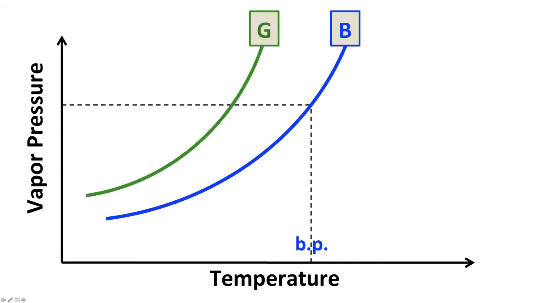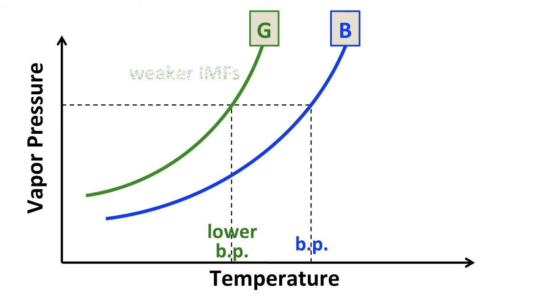Now, suppose we have substance G and it has a vapor pressure curve that looks like this. Well, the atmospheric pressure, 1 atmosphere here for substance G, corresponds to the temperature shown with the dotted line on this graph. And that, of course, is a lower boiling temperature than the boiling temperature for substance B.